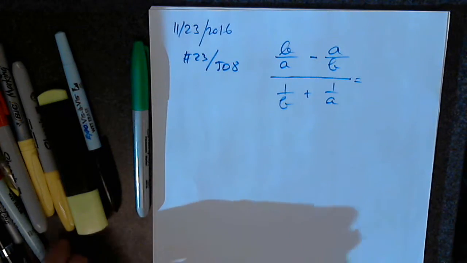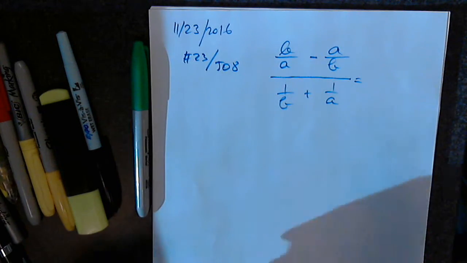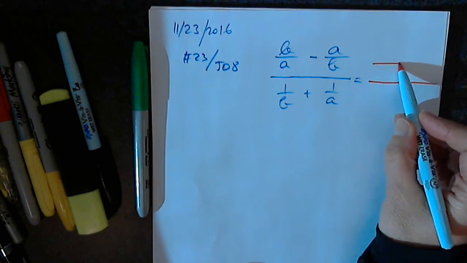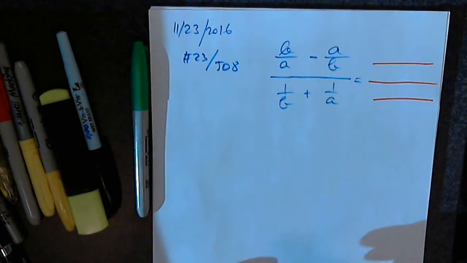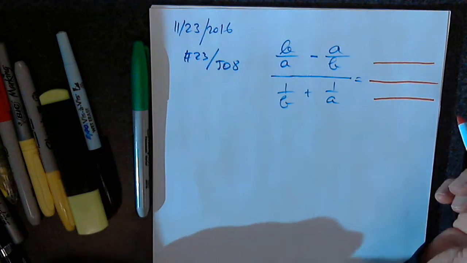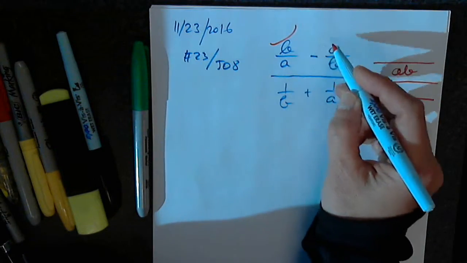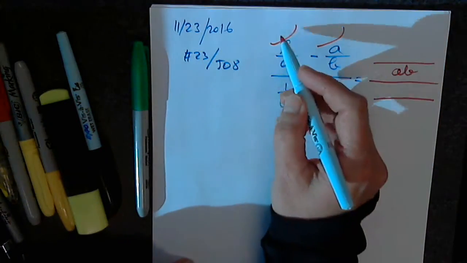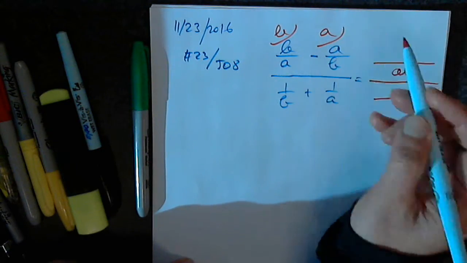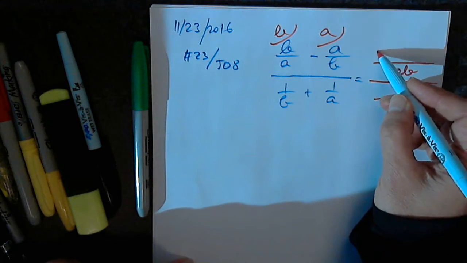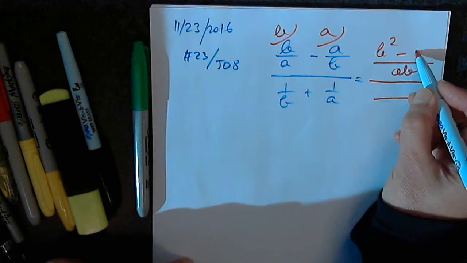Okay, can anyone tell us what to do first? So we're gonna start with the denominator. Okay, very good. The denominator is AB, and then so it means we'll apply a common denominator to a and b. So it's b squared minus a squared.